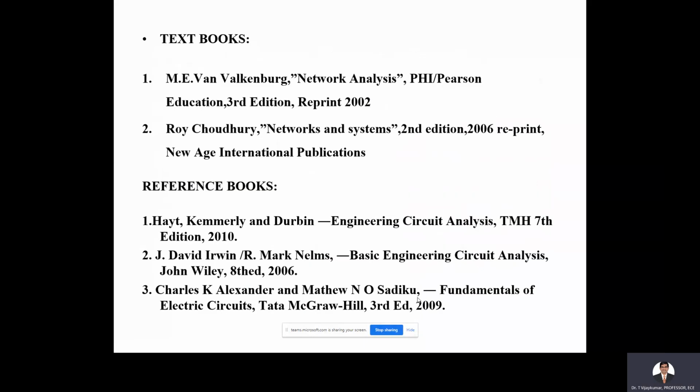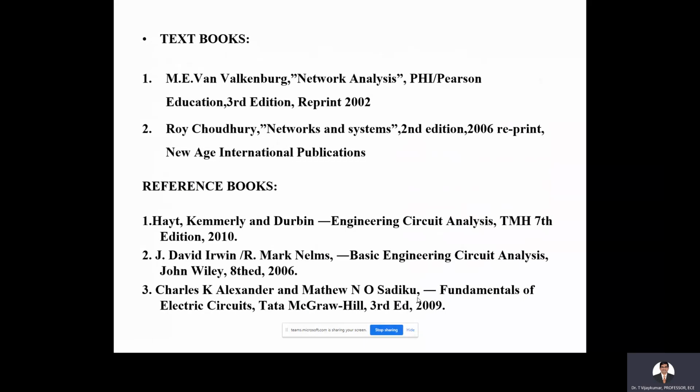For this, you have to refer to standard books. One is M. E. Van Valkenburg, Network Analysis, PHI Pearson Education, 3rd edition. One more standard book is Roy Choudhury, titled Networks and Systems, published by New Age International Publishers.